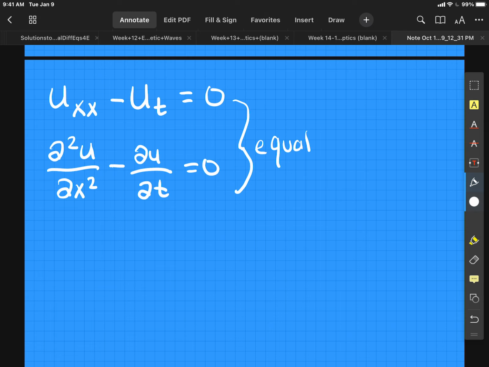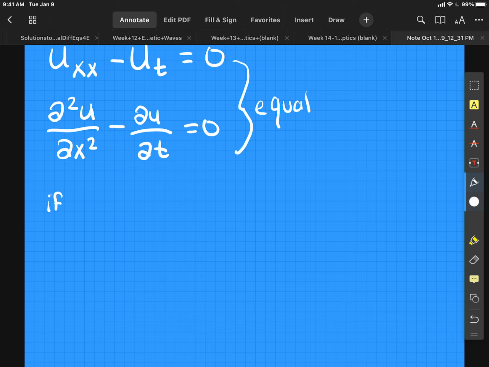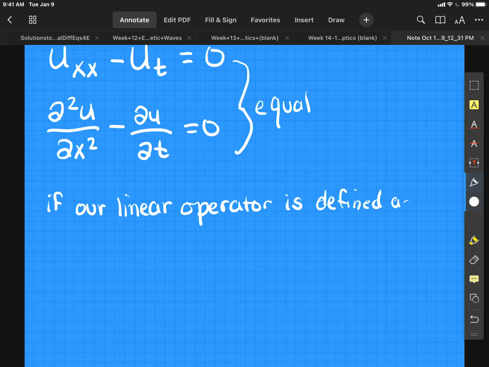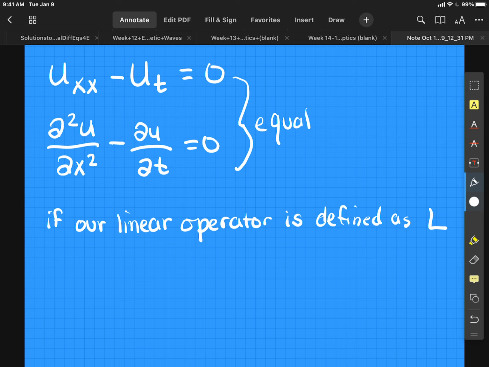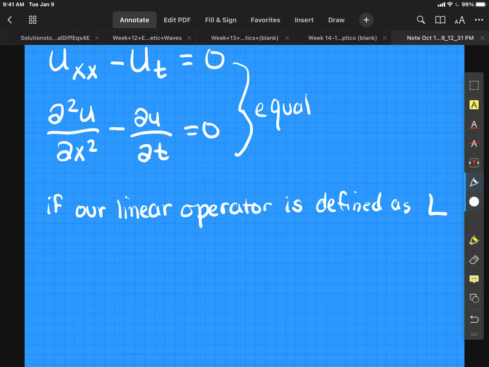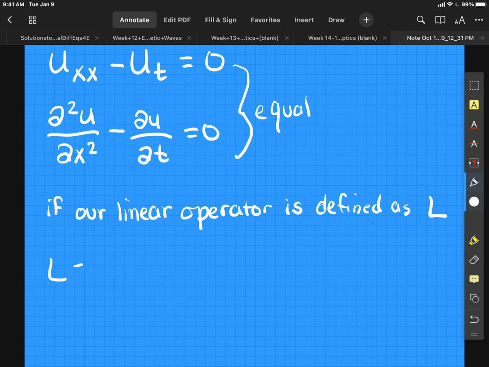Now, assuming our linear operator is defined as capital L, then the linear operator in this case, say for this equation here, the one with the partial notation, would be equal to partial squared over partial x squared minus partial over partial t.